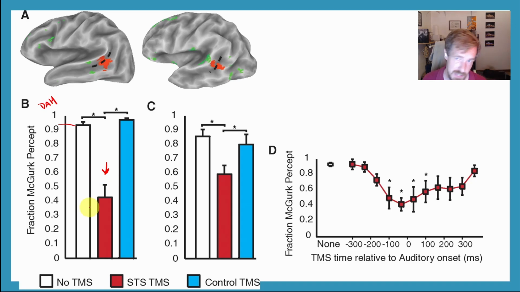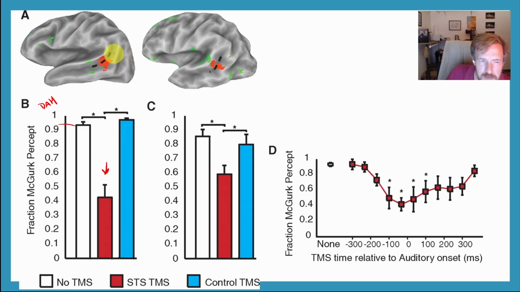Now, at this point, people are just guessing, right? They don't know. They're just guessing, because now they don't have the ability to really integrate those sounds together. And then we have this control condition. This is a slightly different control condition where instead of using TMS on the superior temporal sulcus, they zapped a nearby area.